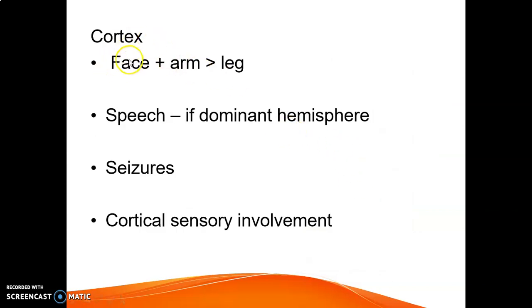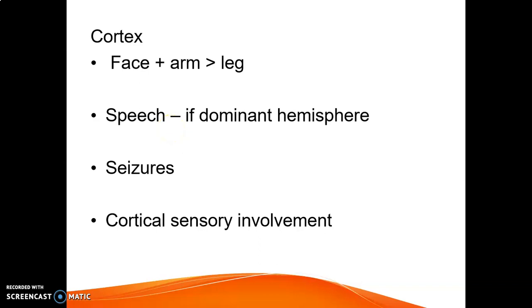Whenever the cortex is affected, the face and the arm are affected more than the leg. Speech is affected if the dominant hemisphere is affected, which is usually the left. Dominant hemisphere means, for example, most people are right-handed, so the dominant hand is the right hand.